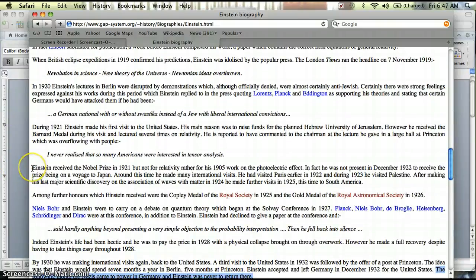If I go back up just a little bit in my website, I find this sentence. Einstein received the Nobel Prize in 1921, but not for relativity, rather, for his 1905 work on the photoelectric effect. I would say that is an impact on history, so I'll use it in my guide.